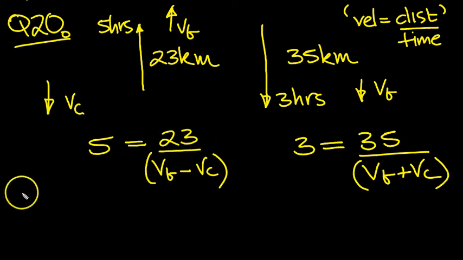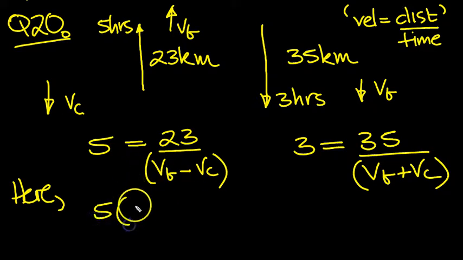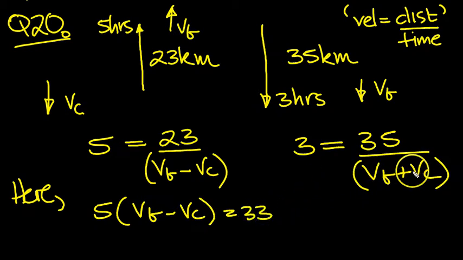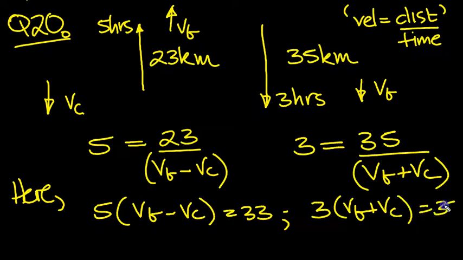So let's move things around then. 5 lots of VB minus VC equals 23, and 3 lots of VB plus VC equals 35.